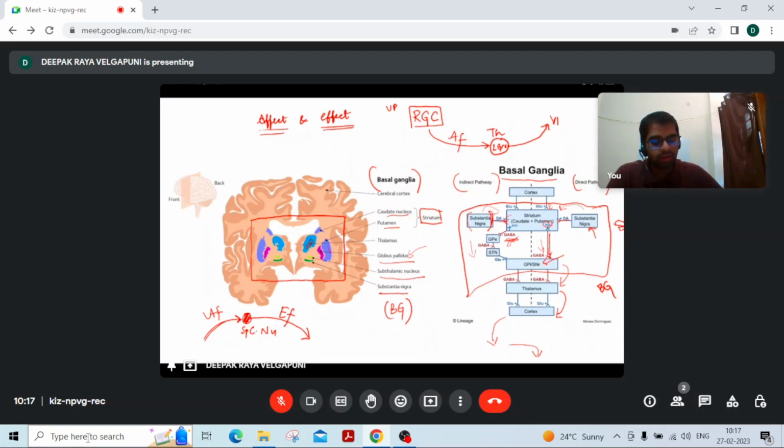Depending on the levels of reward and cost-benefit, this dopamine activates striatum, and based on that your action is selected and then passed back onto thalamus and back to cortex. This is how basal ganglia is organized.